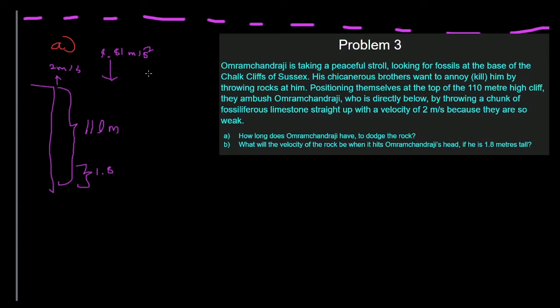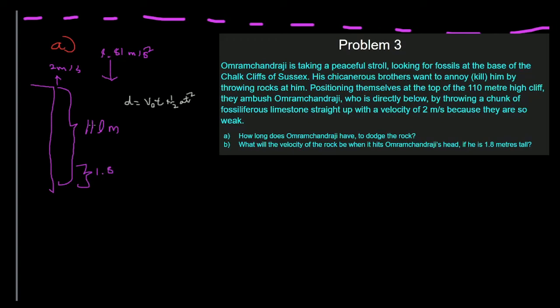Now we could use the third equation for this because we already have distance and initial velocity, and we need to find time. So we could use d equals v0t plus 1/2 at squared. And distance here is not going to be 110 or negative 110, because Om Ramchandraji is 1.8 meters tall.